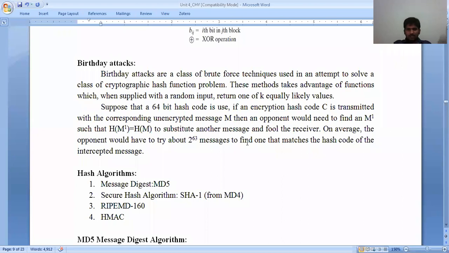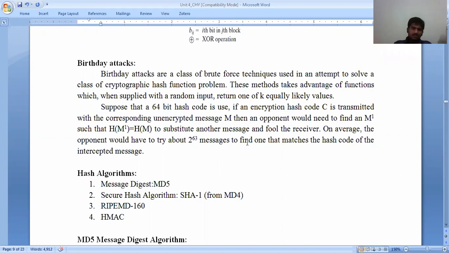On average, the opponent would need to try about 2 power 63 messages to find one that matches the hash code of the intercepted message.